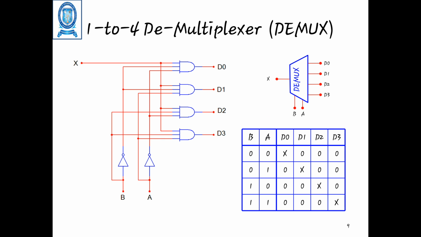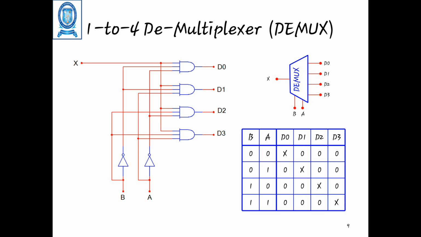This is a 1 to 4 demultiplexer. As we said earlier, only one input is taken and 4 outputs should be produced. Let the 4 outputs be D0, D1, D2, D3 and the only input be X. The data distribution lines are A and B. For D0, D1, D2, D3, the selective line combinations are 0 0, 0 1, 1 0, 1 1.